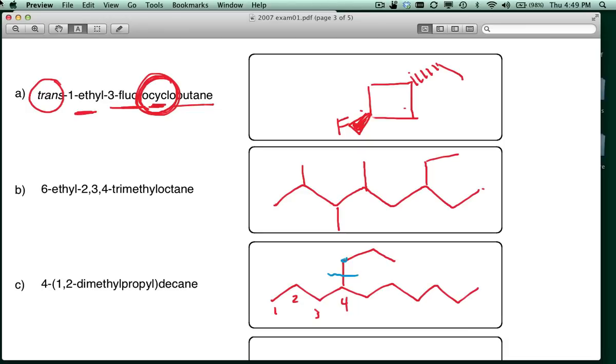This is the number 1 carbon. Okay. So what's branched off of that propyl? There's a methyl group on the 1 carbon and a methyl group on the 2 carbon. So that's the complex substituent. Now, if you saw that complex substituent, could you name it if I gave you the structure?